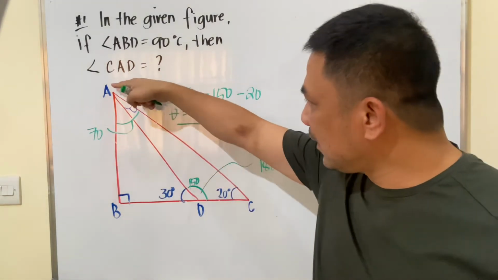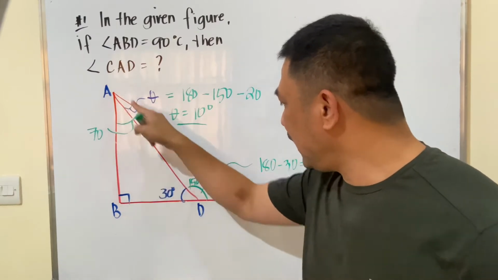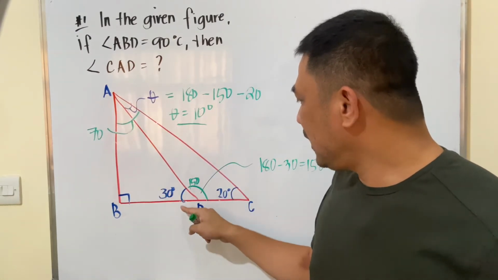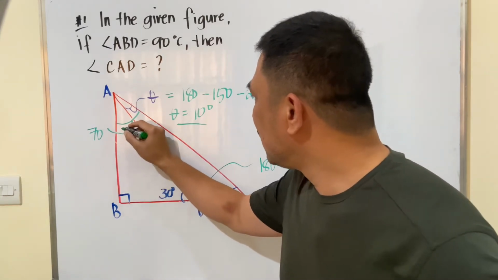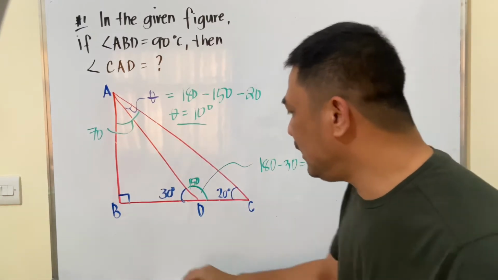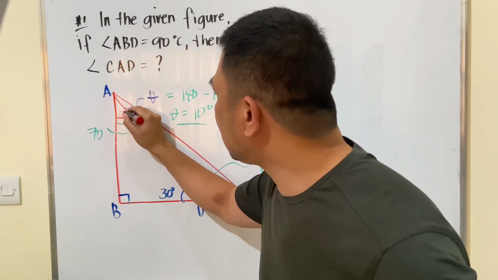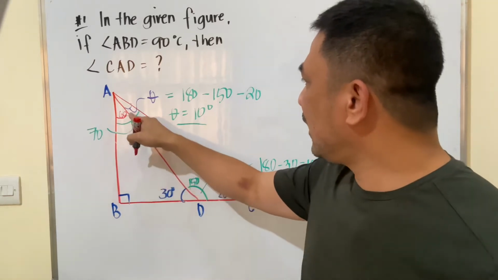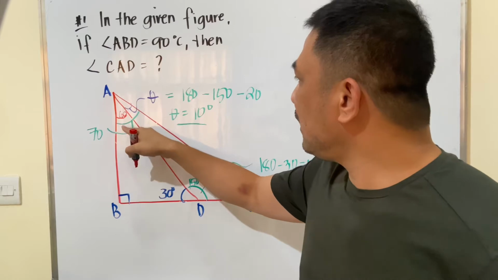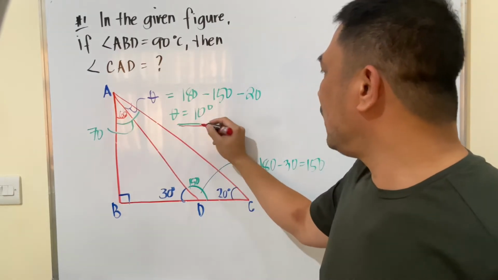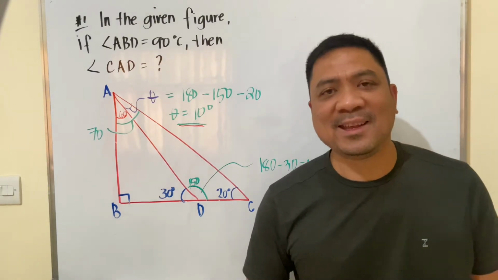And then if you consider D, A, and B, or B, A, D, so that means if this is 30 and this is 90, so that means this angle only must be equal to 60. So therefore, to get that angle, so that angle must be 70 minus 60. So again, we'll get an angle theta which is equal to 10 degrees.